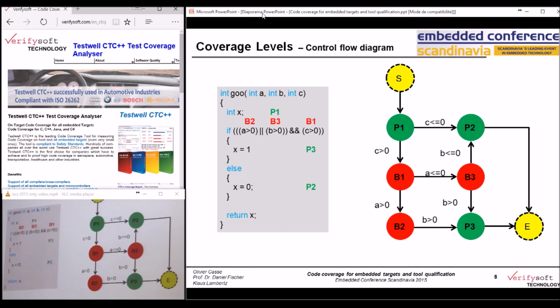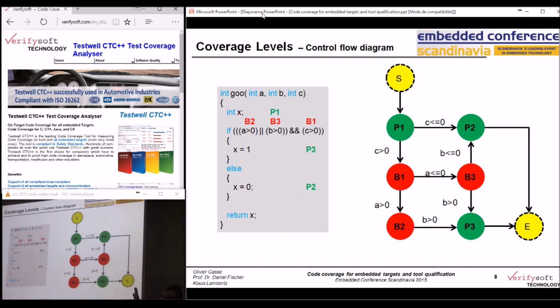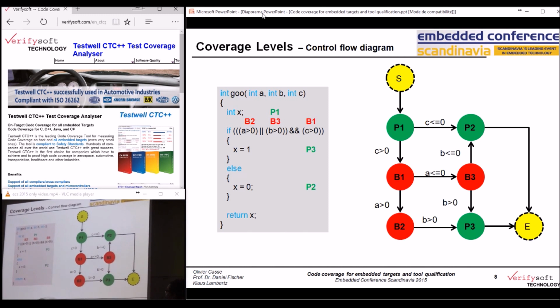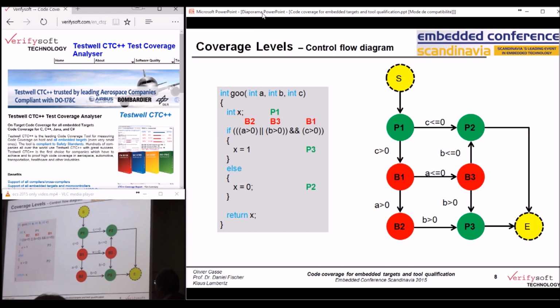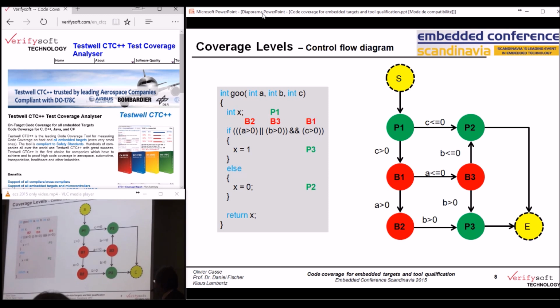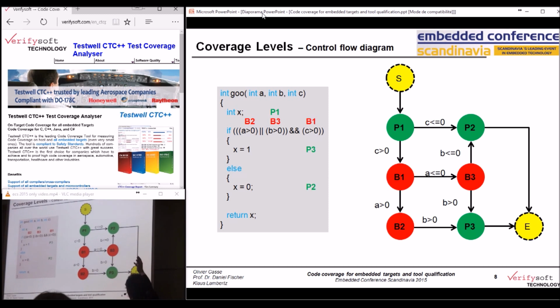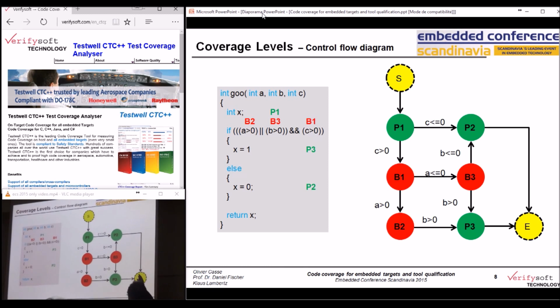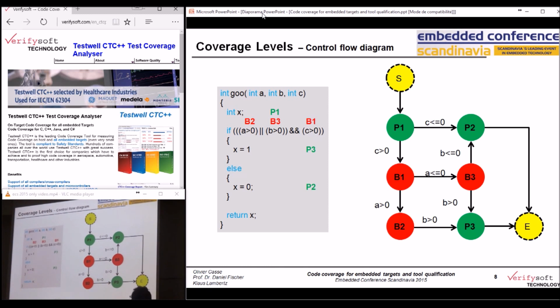Quite a simple example. And on the right part, we just translate these C language expressions, so what has been designed by the developer, and the possible paths, so the control flow diagram, which will be needed.